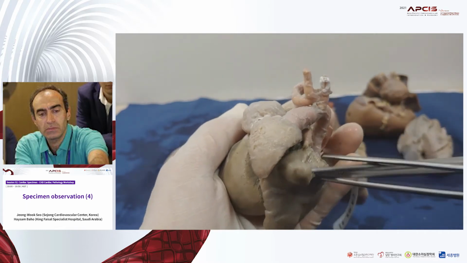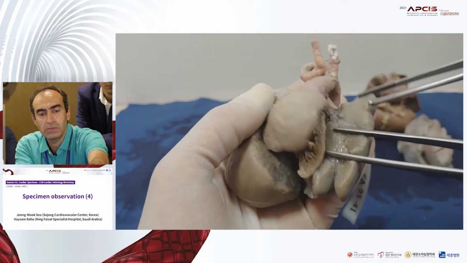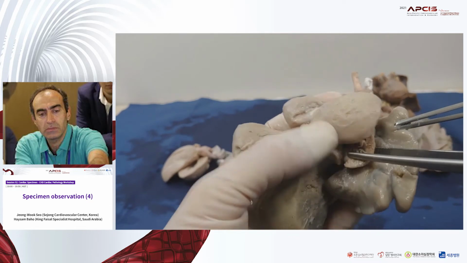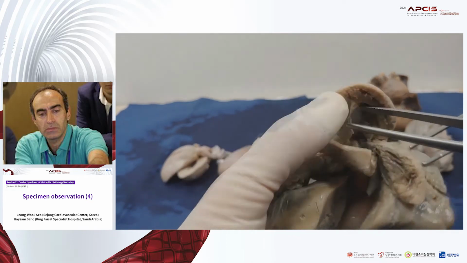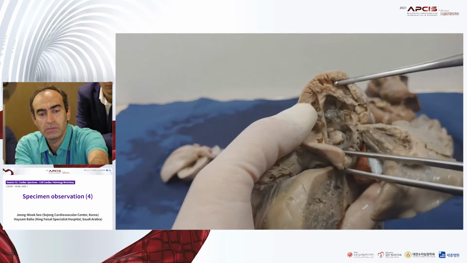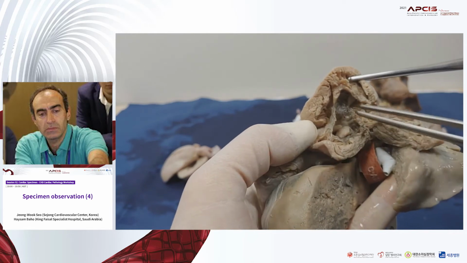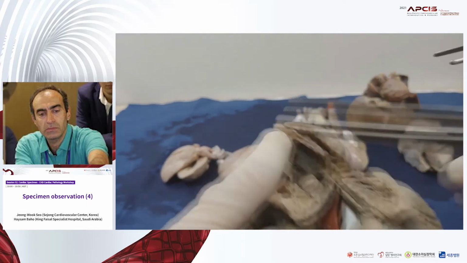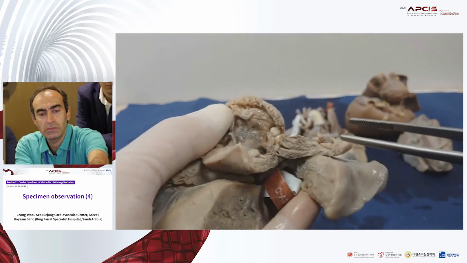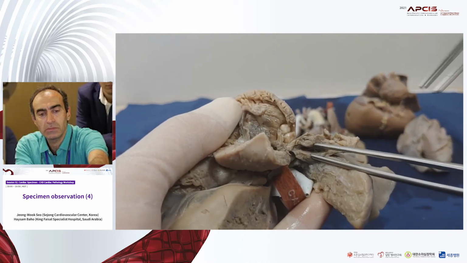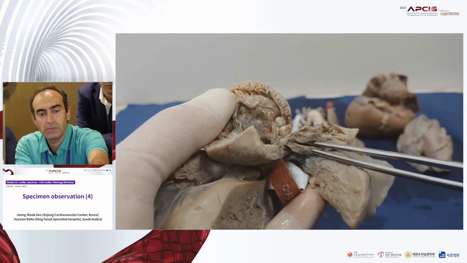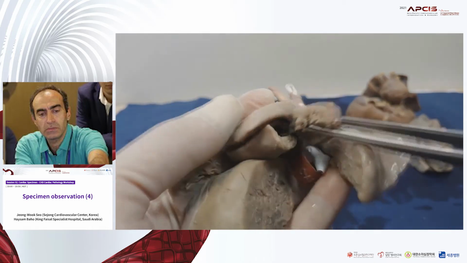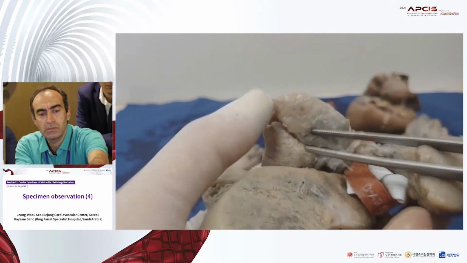Now, if we open the right ventricle, which in this case is a very large and dilated ventricle, but it is the right ventricle in morphology, as we can see here. We look to the left of this ventricle and we see the left ventricle, which is a slit-like cavity located at the left lateral aspect of the heart.